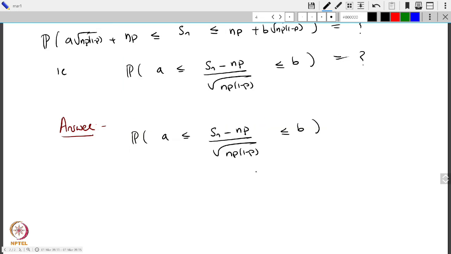That's what it is. If you think a little bit, this is the same as the binomial probability, the sum over k in some set An of the probability of Sn equal to k. And that's what this is about.